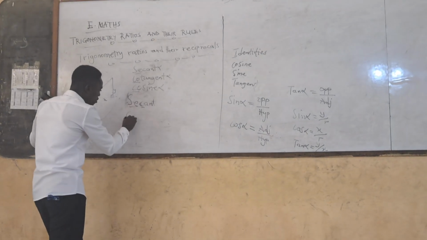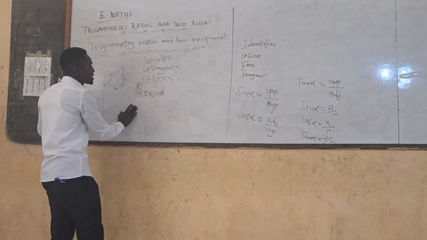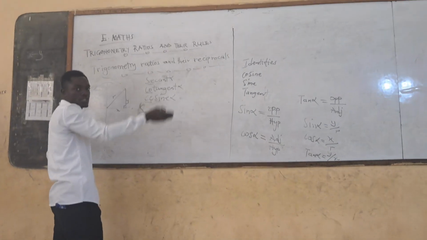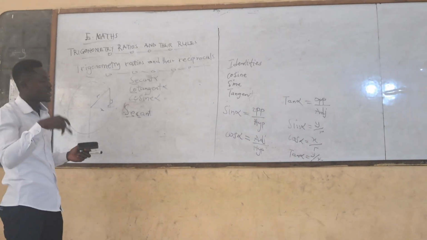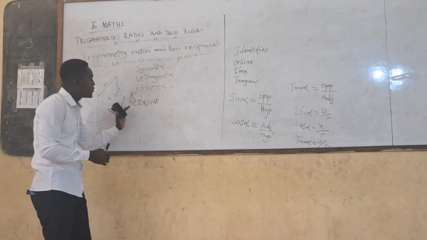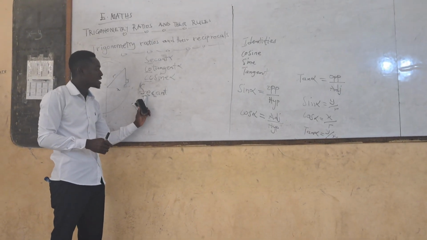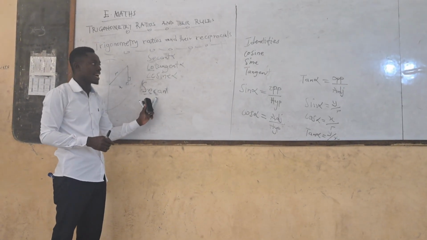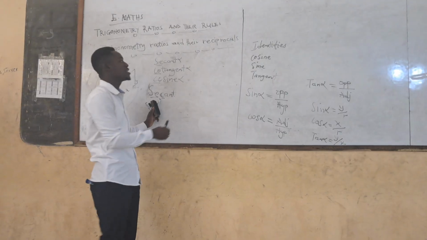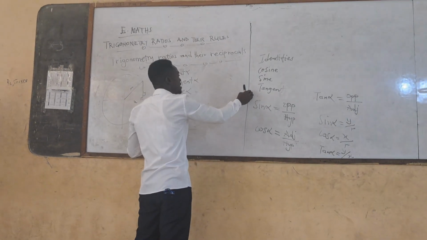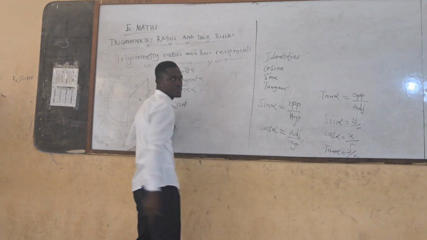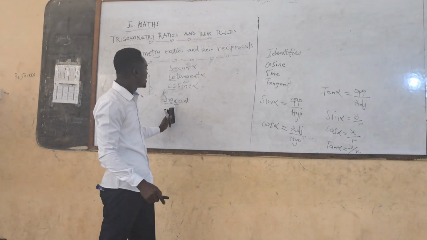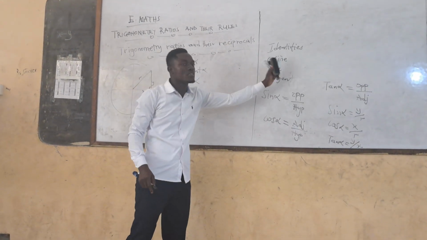Meaning secant is the reciprocal of what? Cos. Are you okay? So if you take the first two letters out, then you consider the third letter, and you check which of the three identities starts with C. When you come here, it is cos or cosine. So this secant is the reciprocal of this.